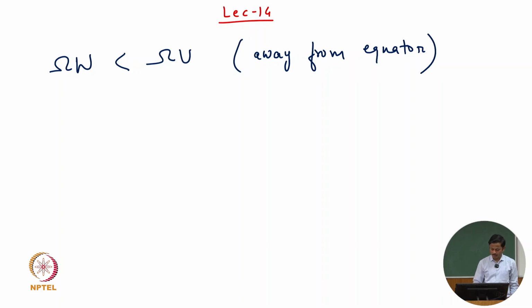Now, because rotation is of importance in all geophysical flows, and this is what we have emphasized repeatedly, rotation and stratification are two important contributing variables which control the dynamics of the geophysical flows.